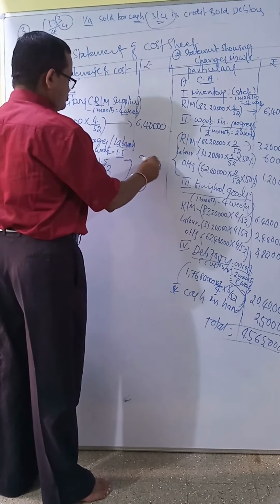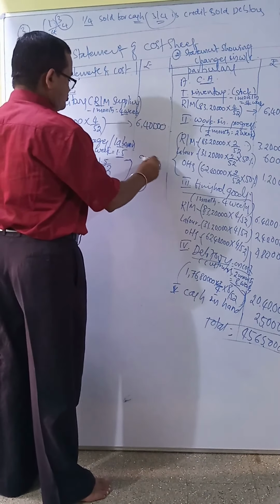Now you have to take overhead cost. Overhead cost in the cost sheet is 62,40,000 into 4 by 52. Out of 52 weeks we want 4 weeks. So 4,80,000.